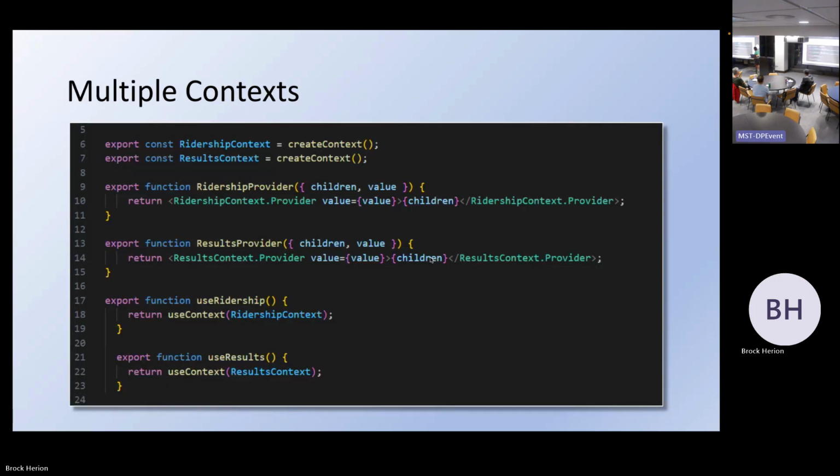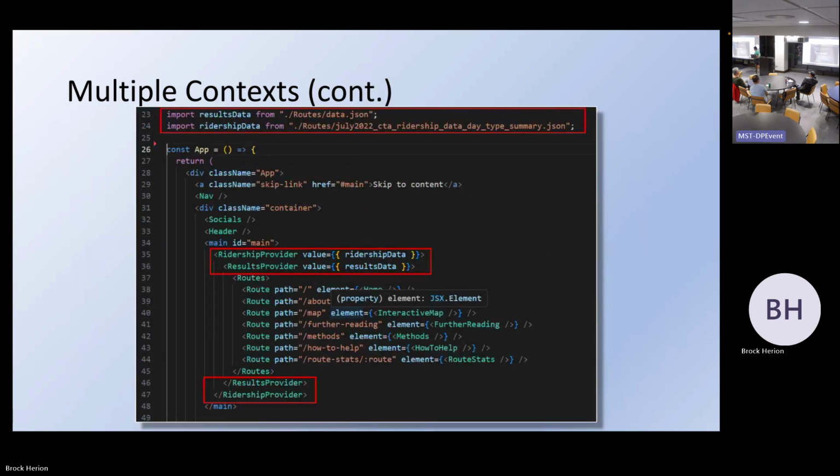Or multiple contexts. So you're going to change your context file a little bit, just add more to it. And so here now we've got ridership and we've got results of something that they're doing. There's different files that they were passing at the time.